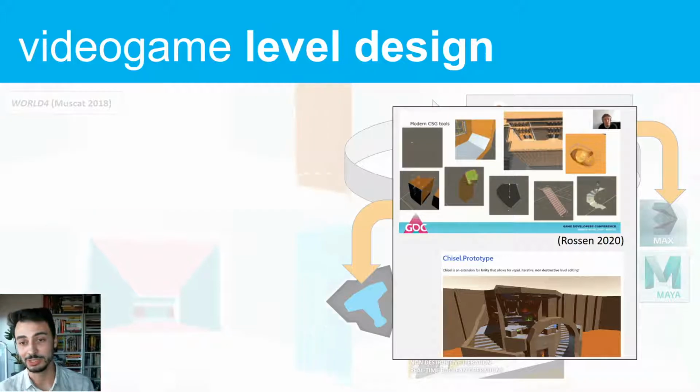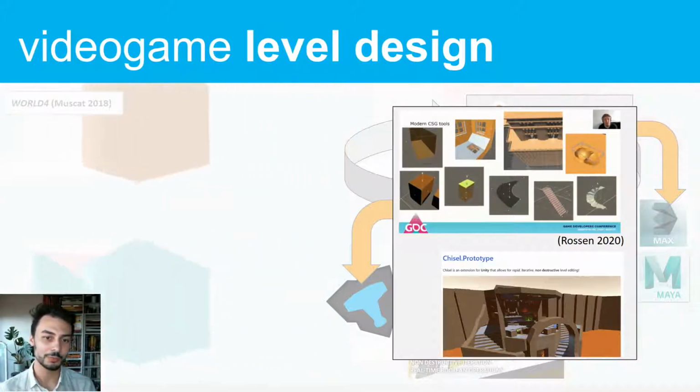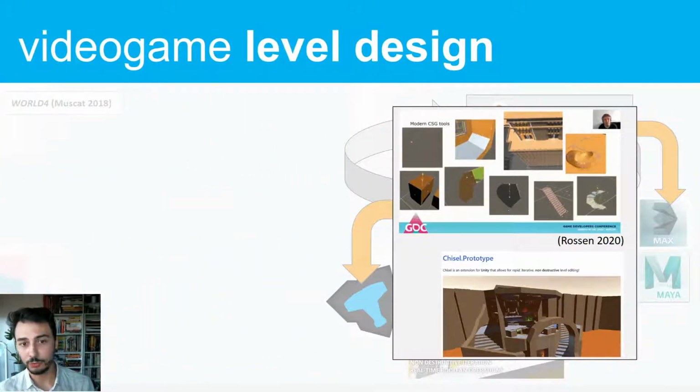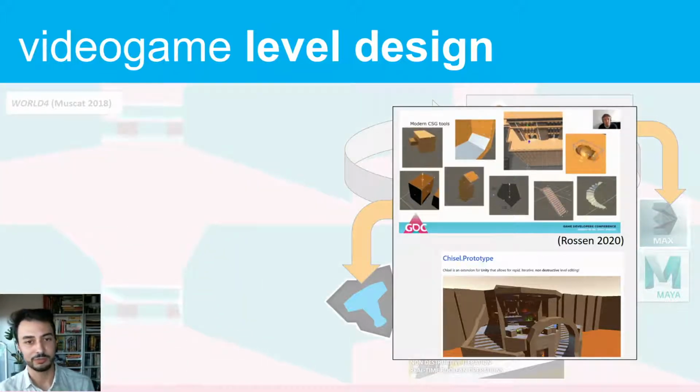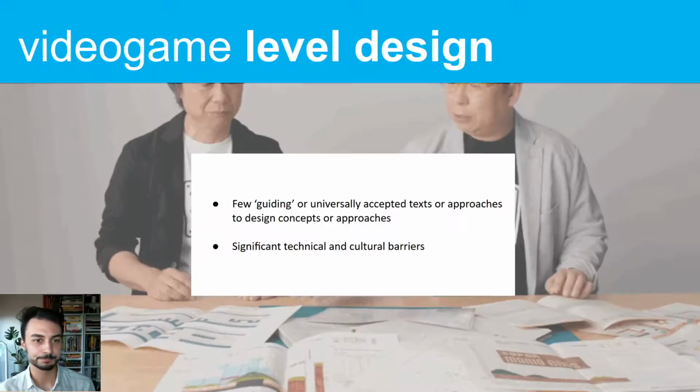This is something that Unity lacks. Now, Chisel and World 4 is one of many multidisciplinary approaches and solutions a level designer might adopt when tackling the design and development of a level for a game.